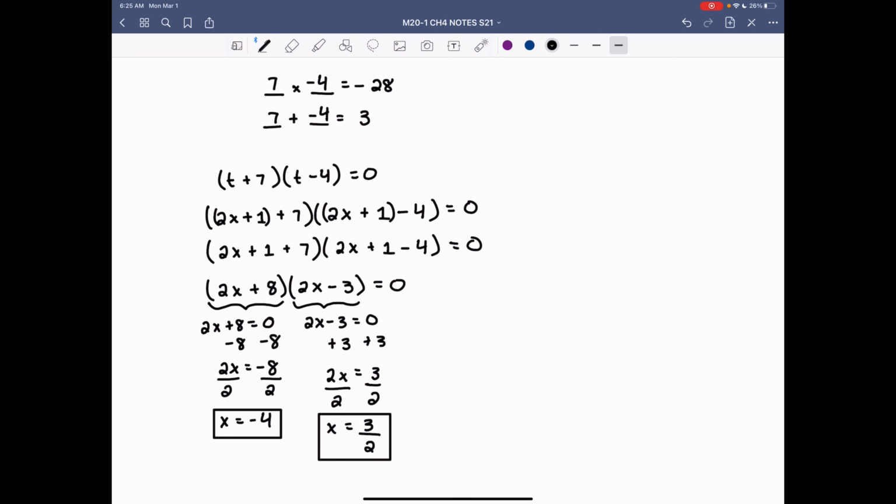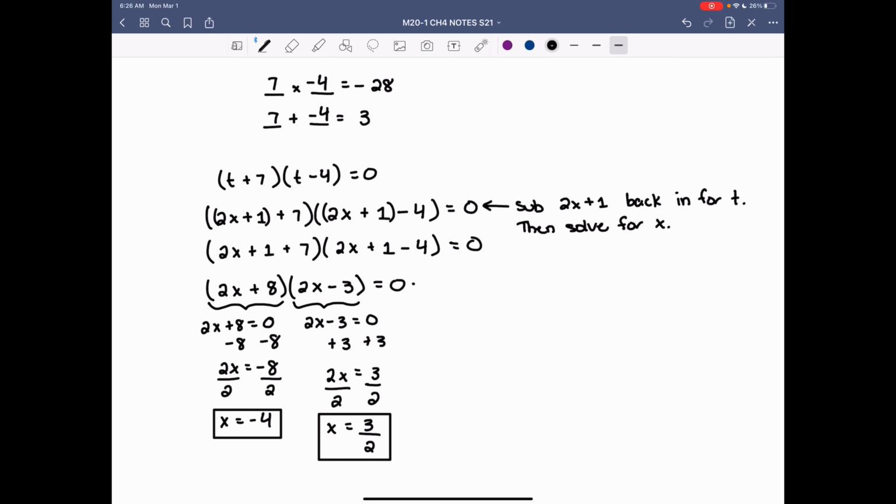So let's put some notes here. In this step, we subbed back in 2x plus 1 for t, and then solve for x.